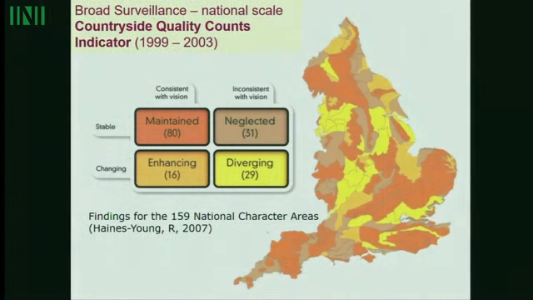Talking about change, I was involved in Countryside Quality Counts, which to my mind was one of the first big initiatives sparked by the 2000 white paper, where government commissioned an indicator on landscape change across England. And to drastically summarise, the indicator for the period 1999 to 2003 looked like this in terms of the findings.